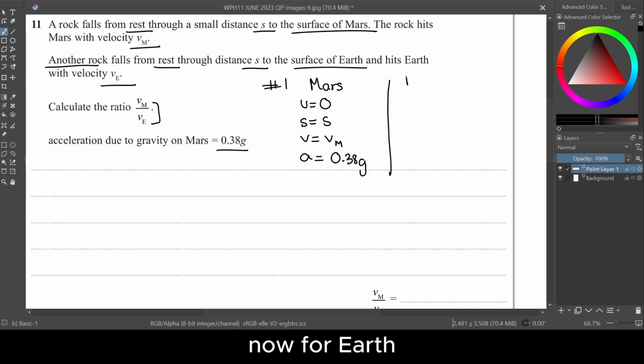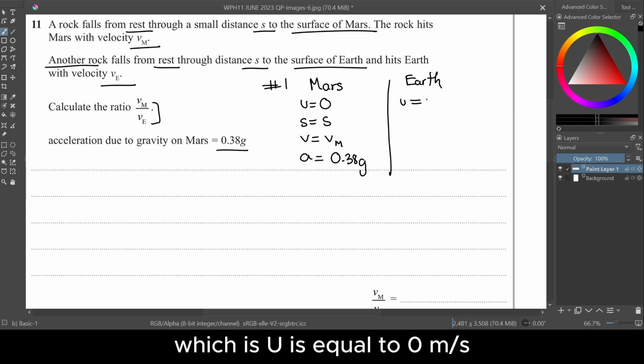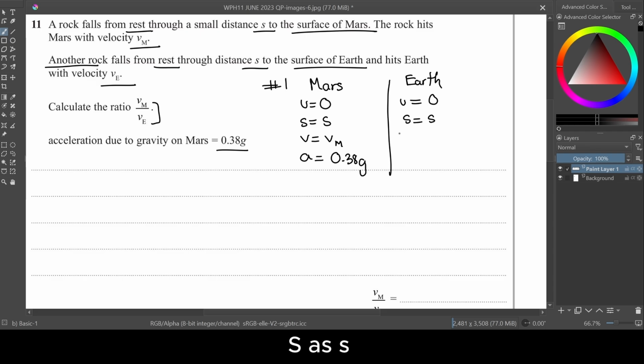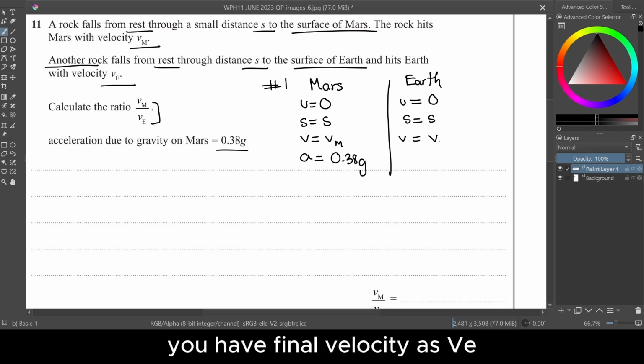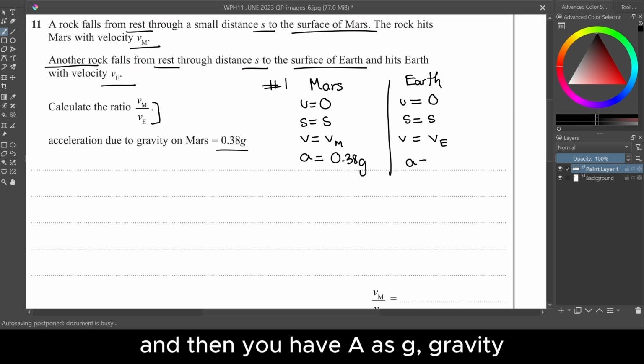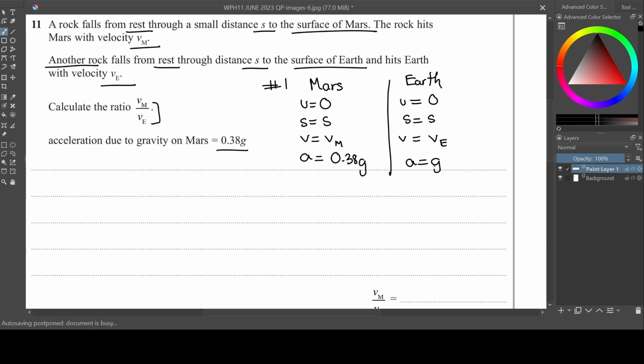For Earth, almost the same thing: u equals 0 meters per second, s, final velocity as ve, and a as g, gravity.